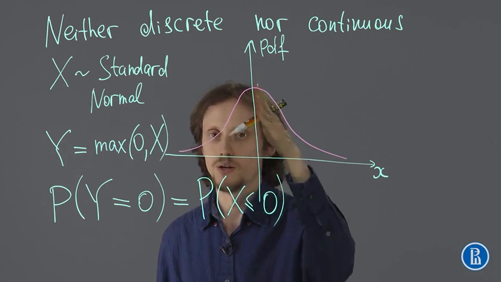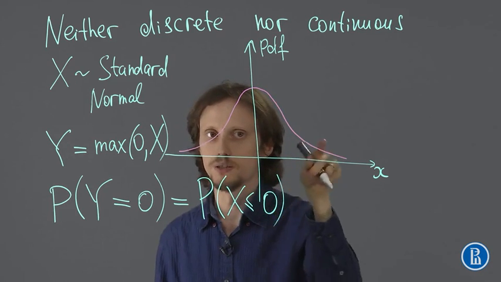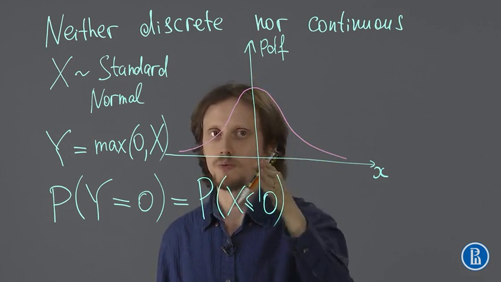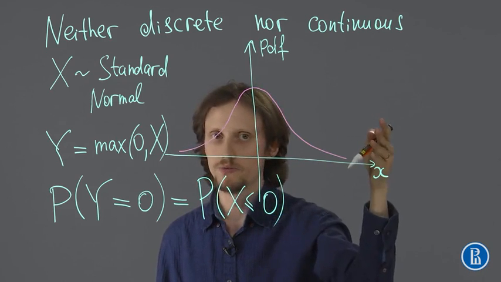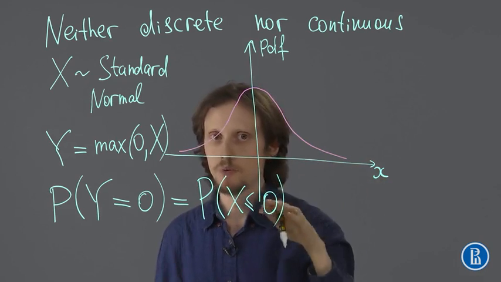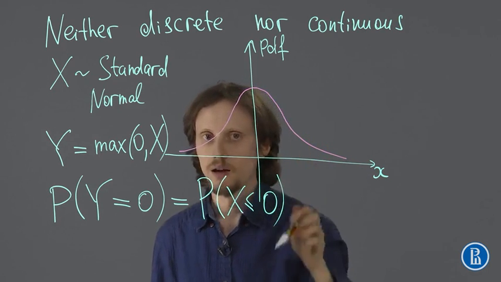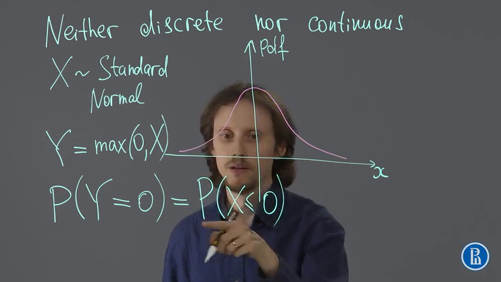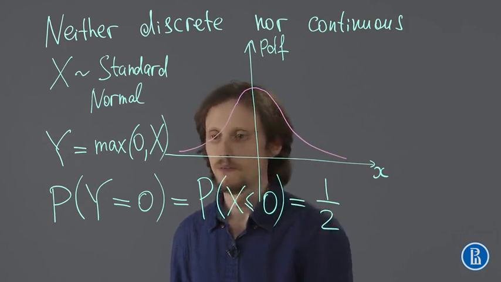It is easy to guess that if this probability density function is symmetric, then the probability of the left half is the same as the probability of the right half, and the sum of these two probabilities has to give 1. So both halves have probability 1/2. So this probability is 1/2.